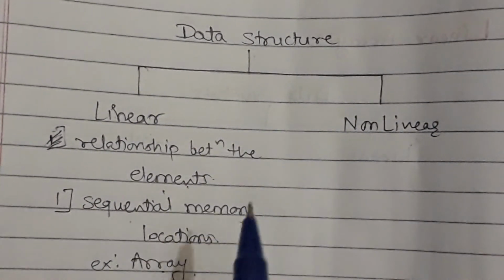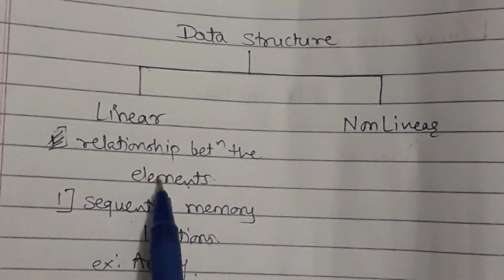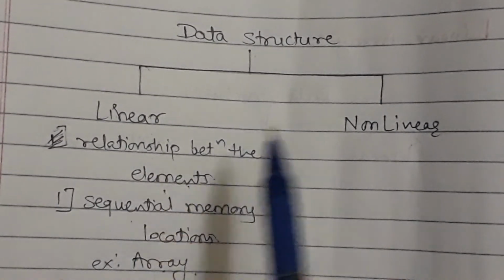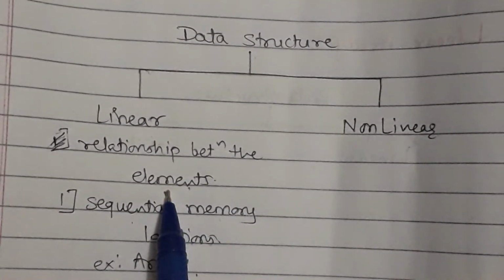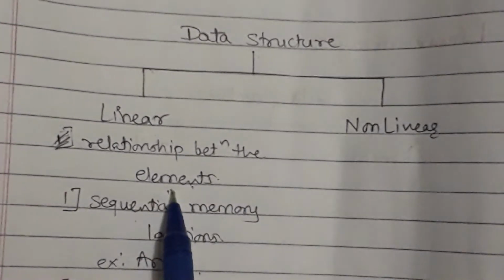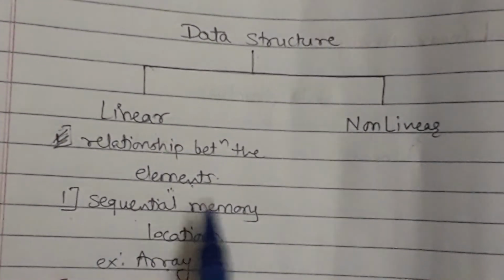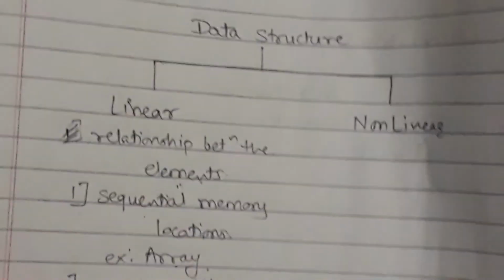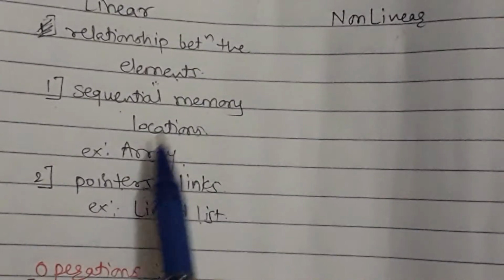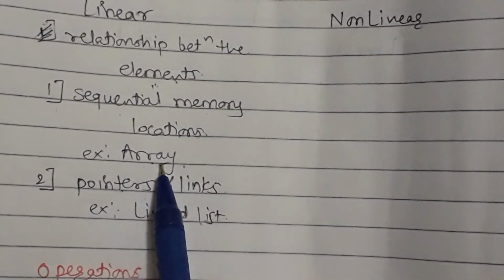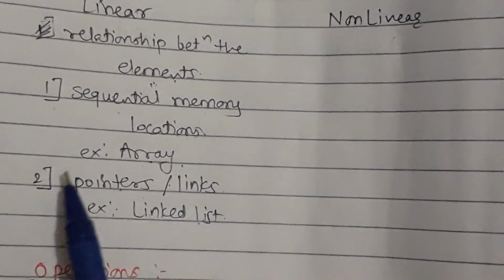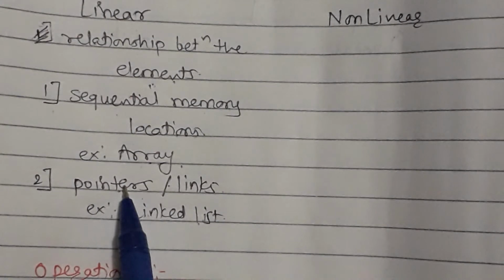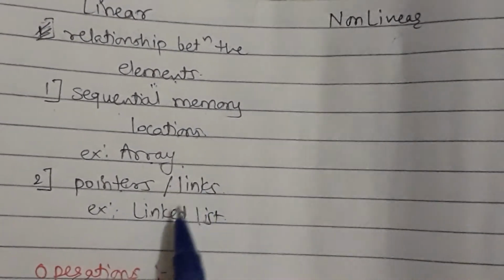There are two basic ways to show a linear relationship between the elements. The first is sequential memory locations, and the example is the array, or linear array. The second way is by using pointers or links, and the example is the linked list.